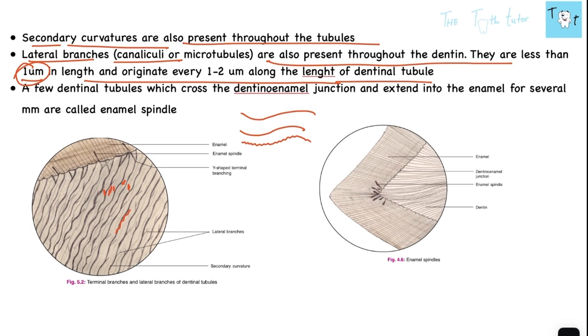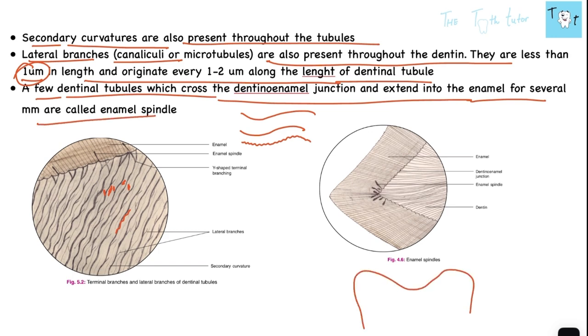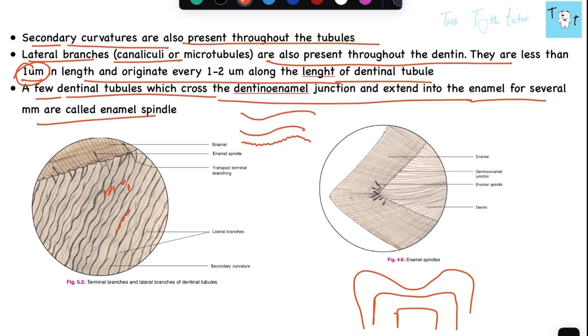Now the few dentinal tubules which cross the dentinal enamel junction and extend into the enamel are called enamel spindles. So I have the tooth over here, this is my pulp, and this is where the enamel is ending. Now I have these dentinal tubules, let's say, and they cross the dentinal enamel junction.